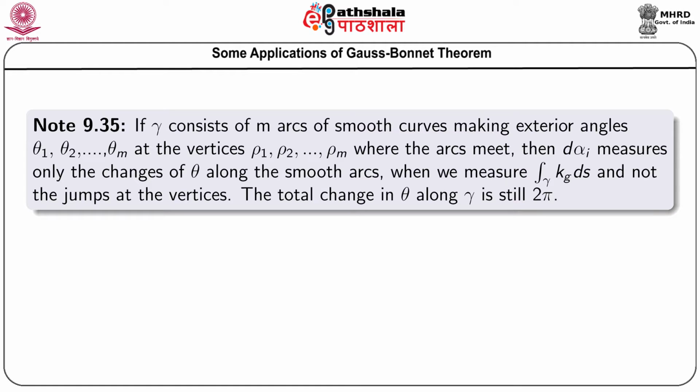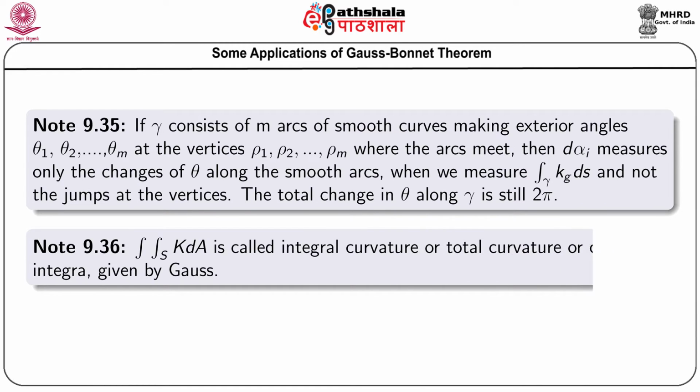Then we have seen the total change in theta along gamma is 2 pi. And I have just mentioned also that this double integration over the surface or the region, K dA, is called the integral curvature, or total curvature, or curvatura integra, as given by Gauss.